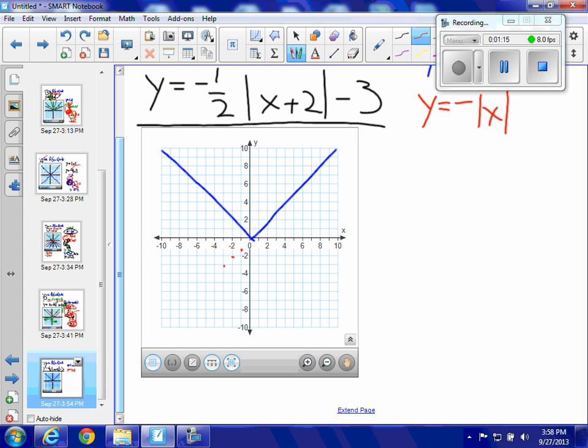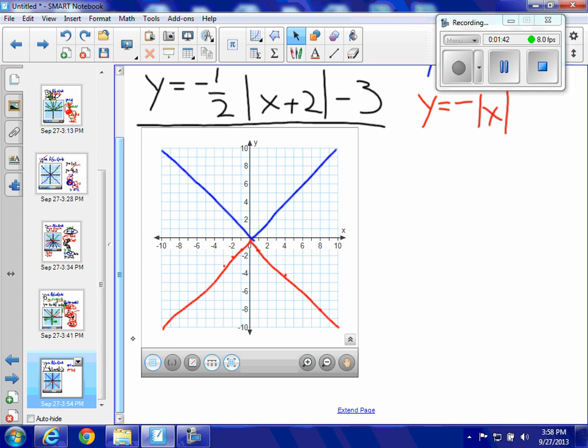So where I had a positive 1, I'm going to have a negative 1. Where I had a positive 4, a negative 4. Where I had a positive 8, a negative 8. So all of those numbers have been negativized. How's that for a word for you? Negativized. So that's transformation number 1.